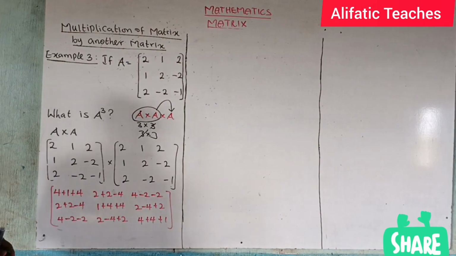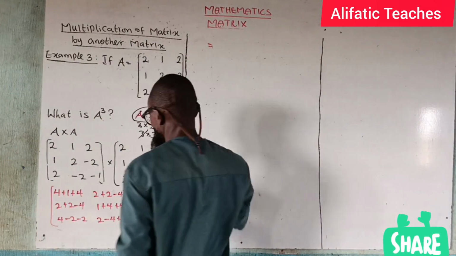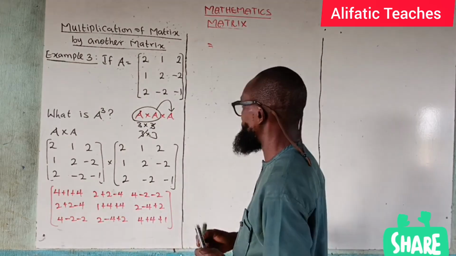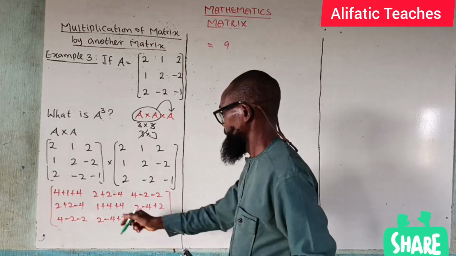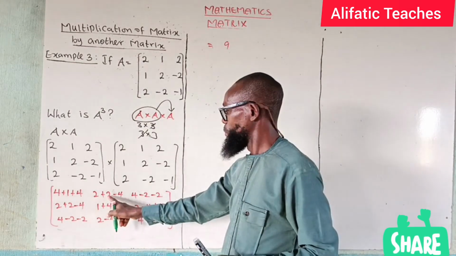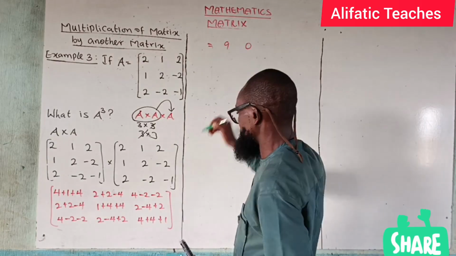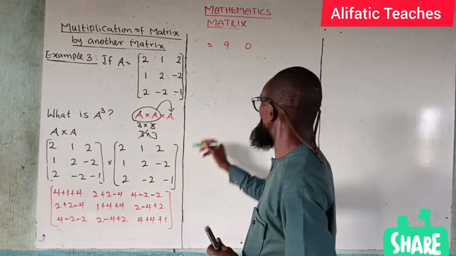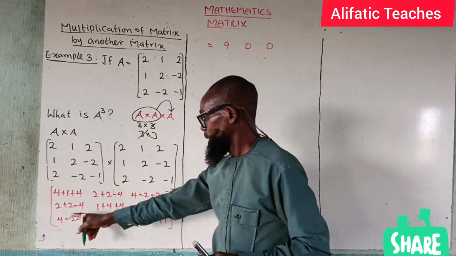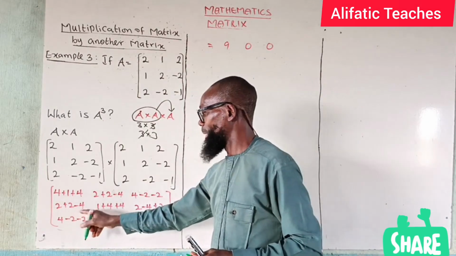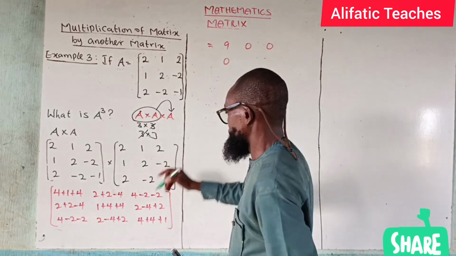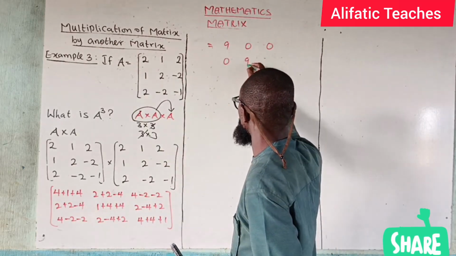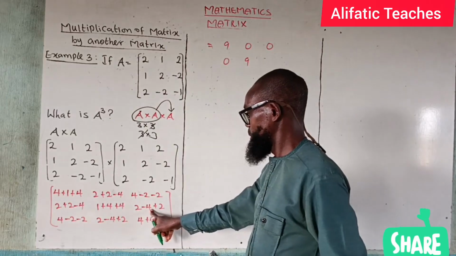The next step is to add them up. 4 plus 1, 5. 5 plus 4, I have 9. 2 plus 2, 4. 4 minus 4, 0. 4 minus 2, we have 2. 2 minus 2, 0. 2 plus 2, 4. 4 minus 4, 0. 1 plus 4, 5. 5 plus 4, 9. 2 minus 4, minus 2.